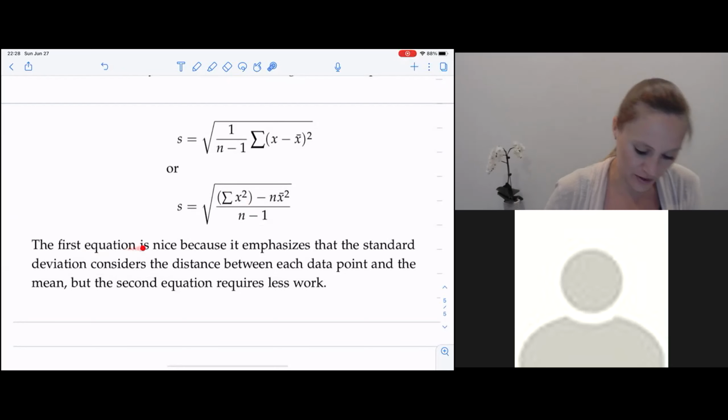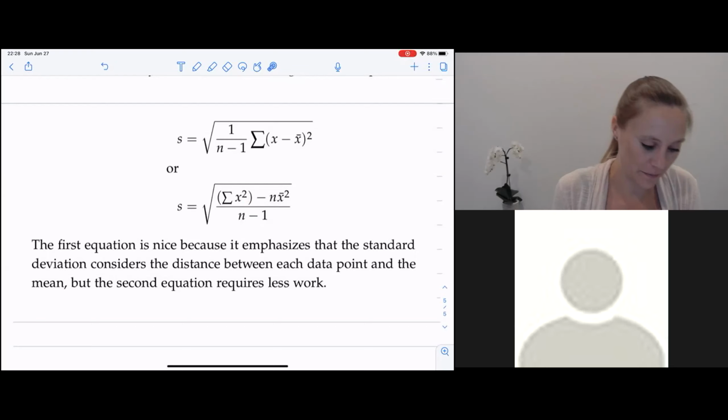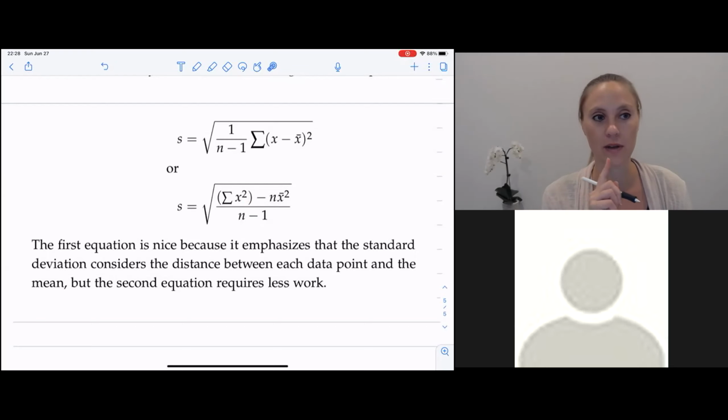So like I said, the first equation is nice because it emphasizes that the standard deviation considers the distance between each data point and the mean. But ultimately, the second equation requires less work. This might be a nice time to introduce, or maybe not so nice a time, the formula sheet, which is going to look very scary.